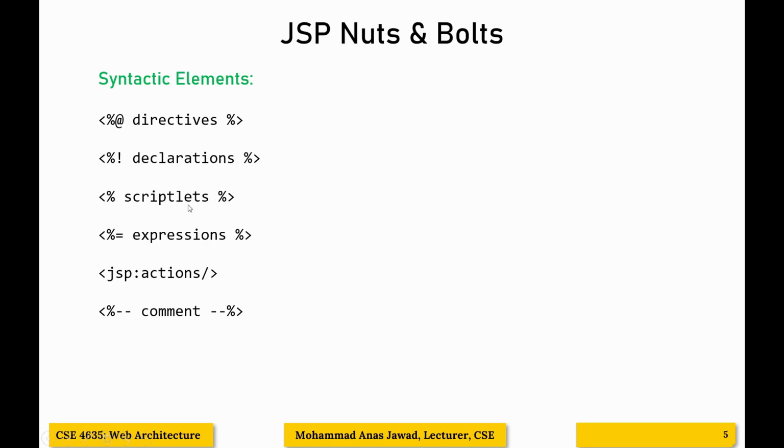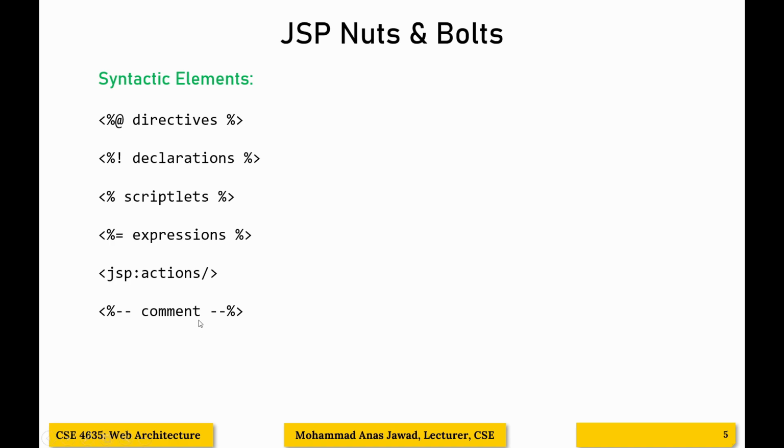Scriptlets are blocks of Java code inside your JSP page. Expressions are shorthand notations that replace the out.print method inside your JSP page. JSP actions are tags that affect the runtime behavior of the JSP and the response sent back to the client. And finally, comments are simple comments that you can use inside your JSP pages.